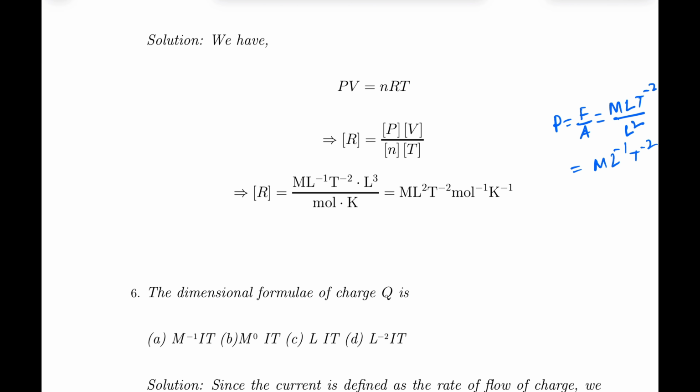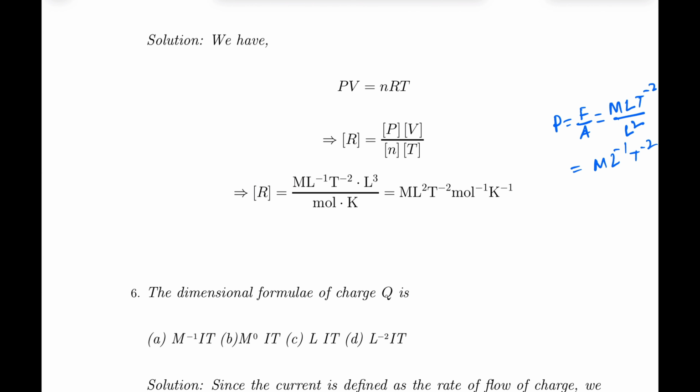The dimensional formula for force is M L T to the power minus 2, and area is L squared. So for P, we write M L to the power minus 1 T to the power minus 2.